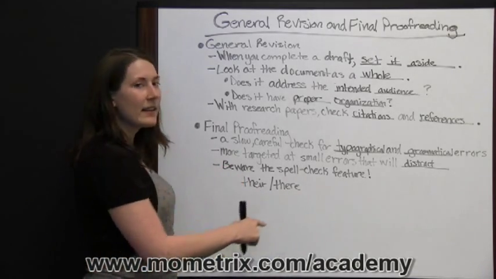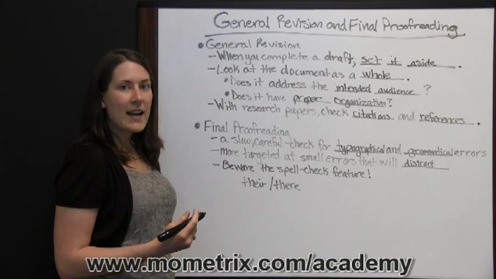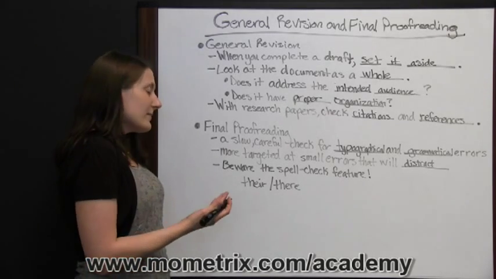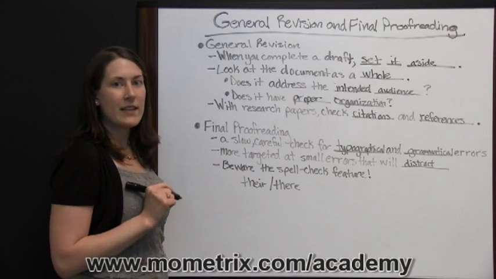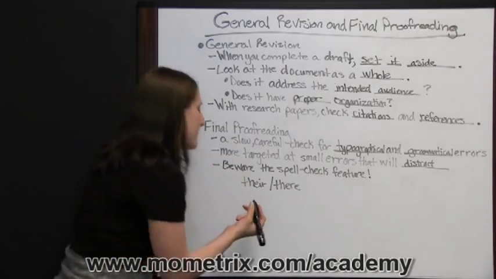These are spelled correctly, but if you use the wrong one, people are going to notice that and it's going to bug them. They're going to say, oh, they used the wrong there. Well, spell check isn't going to catch that. You have to catch that whenever you're doing your grammatical error check during final proofreading.